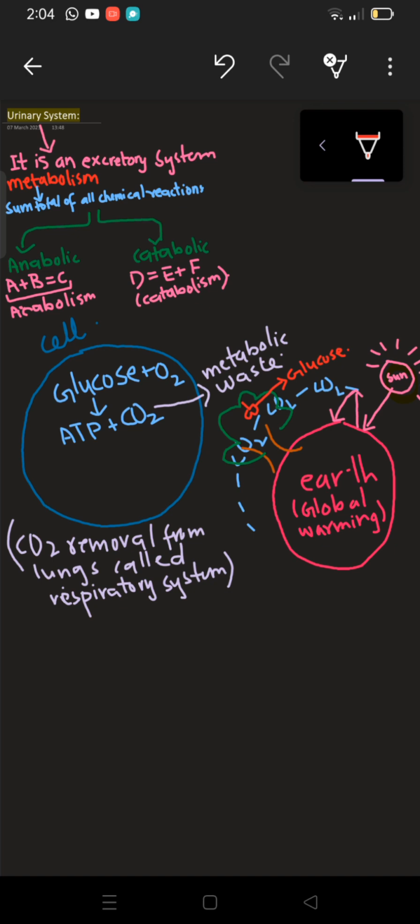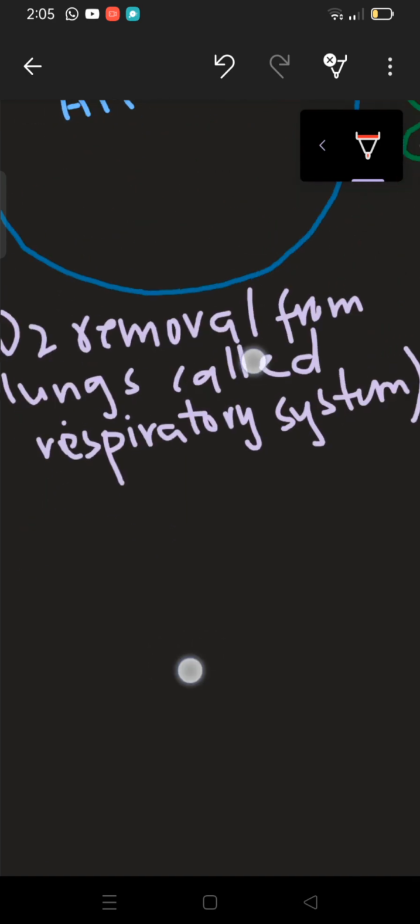So now finally we are going towards our topic, that is the production of urea. This was all just to make you understand this. This is a catabolism reaction. So now we are going towards the production of urea, how urea is produced. Let me write it down here.